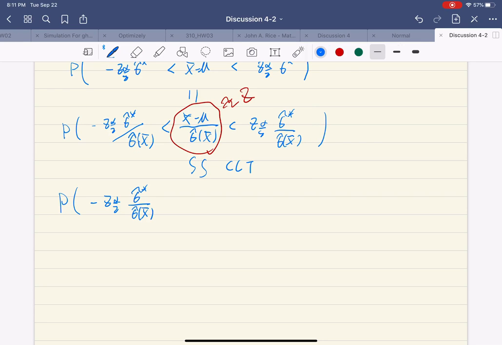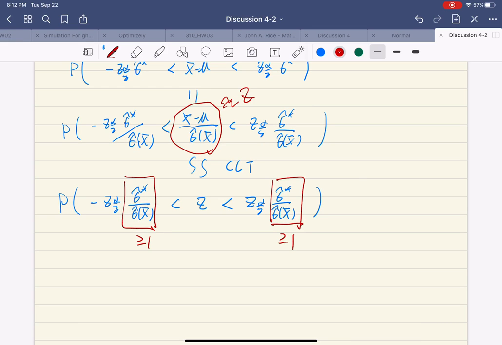Here is x bar, and smaller than z. So then we can see this quantity should be greater than or equal to 1. That is because this quantity is equal to the supremum of this.